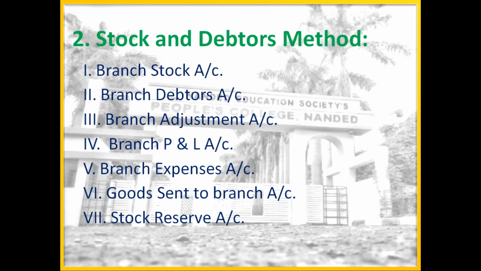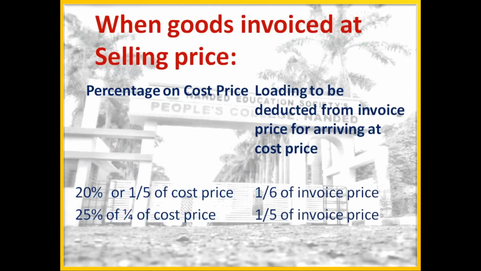The next, stock reserve account. It shows a credit balance equal to loading on closing stock. The account opens with a credit balance equal to the loading on opening stock.